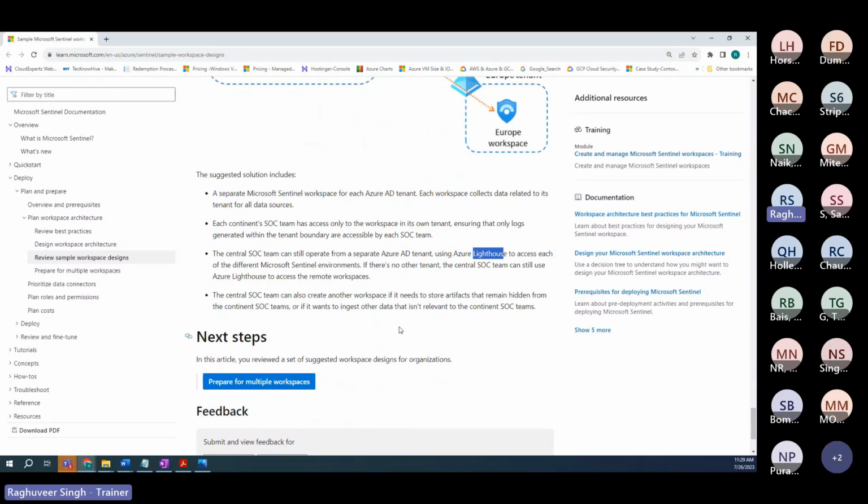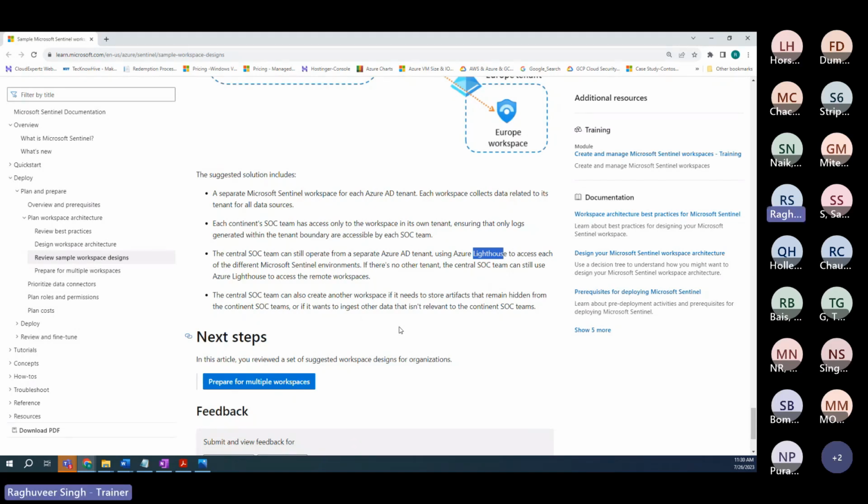Let me know if you have any questions. So I will show you a Lighthouse demo. Definitely, you will not be able to do it in your lab environment. You will need multiple tenants. So I will put together a demo probably over the weekend in my account, because I will need to have 2-3 tenants.